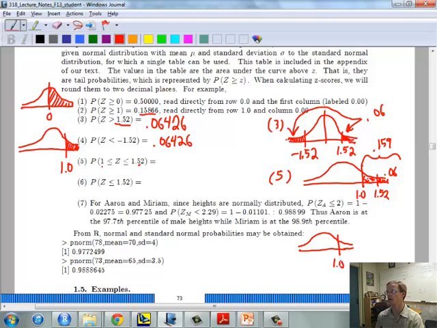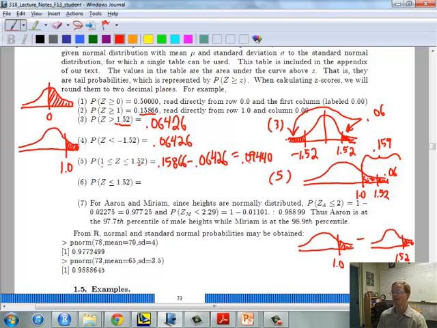We could have the 1 minus the 1.52. And that's going to get this dotted region. So we're going to take 0.15866 minus 0.06426, which will yield 0.09440. So our probability is about 9% that you would be between z-scores of 1 and 1.52, or that many standard deviations away from the mean.